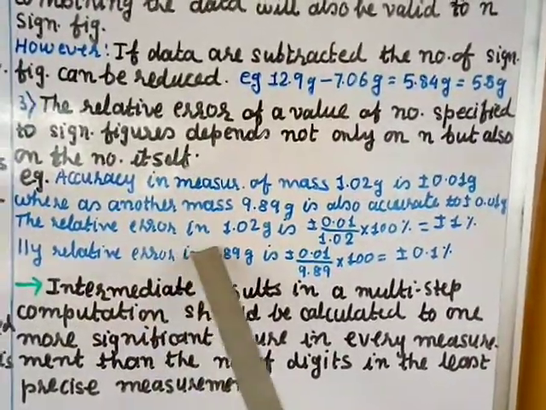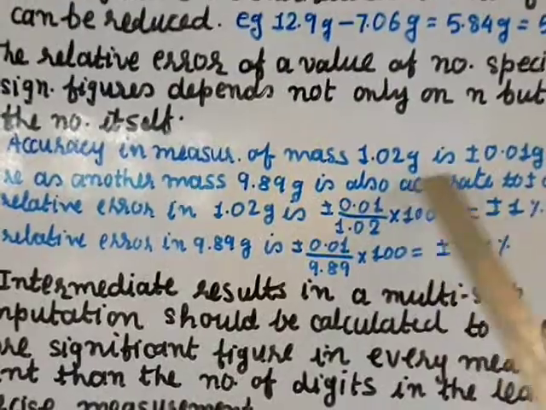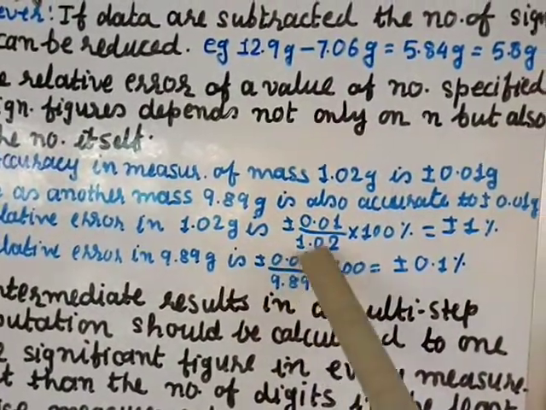The relative error in 1.02 gram, using this formula, is 0.01 divided by 1.02 into 100.